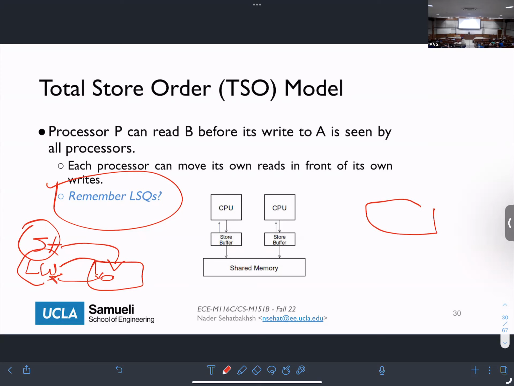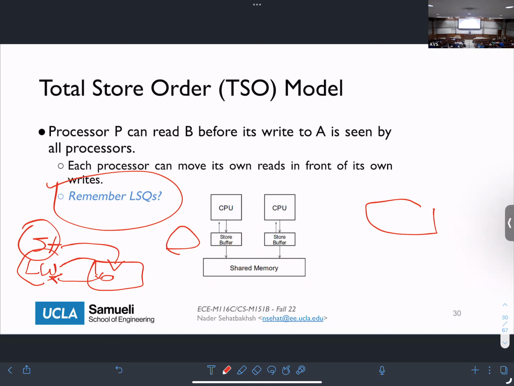Externally, what will happen is that the other cores may not see that there is an update in this value from our core. So what it says is that if you have load store queues internally within each core, you can reorder loads before stores because there's no problem as long as you have the store buffer.